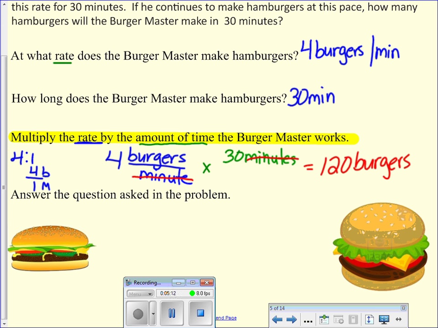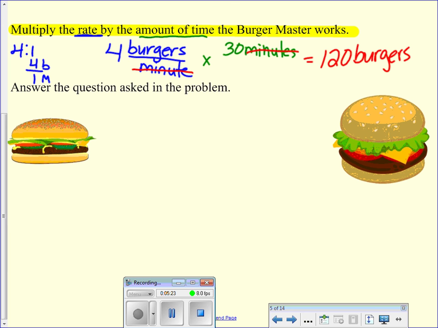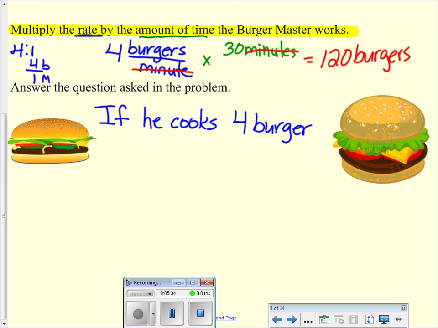Now we're going to answer the question, but when we answer the question, we're going to answer it almost like you would a conclusion in science. We're going to answer with an if-then statement. So we're going to say if, and then we'll state the ratio. If he cooks 4 burgers in 1 minute, then what?